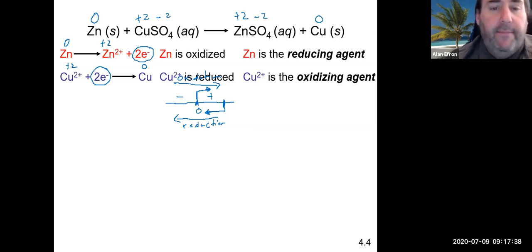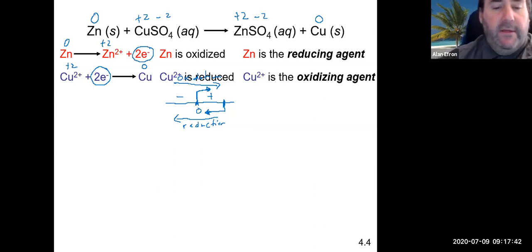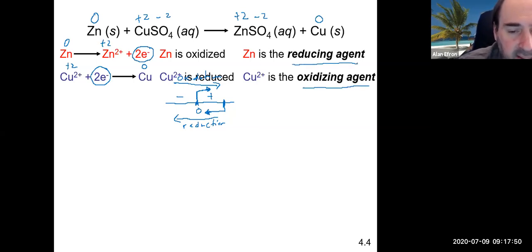Now, this brings up another good point when we talk about oxidation and reduction, and that is what the reducing agent and the oxidizing agent are. The reducing agent and the oxidizing agent are different from what is being oxidized and what is being reduced.